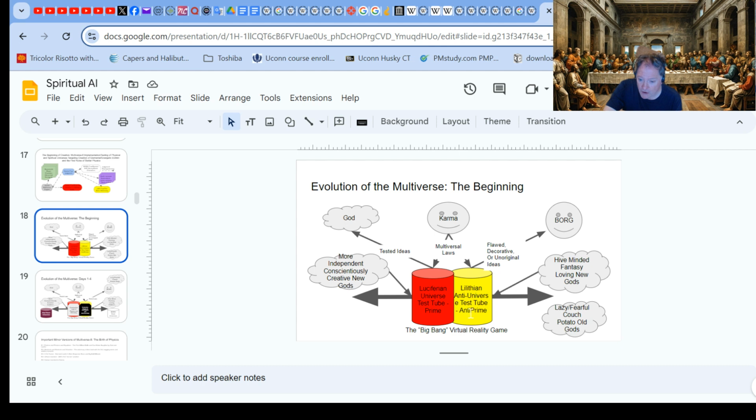And some of those incarnated gods played on the Luciferian team more, and some on the Lilithian team, and some of them played a more even game and gravitated towards being more like God or being more like karma.